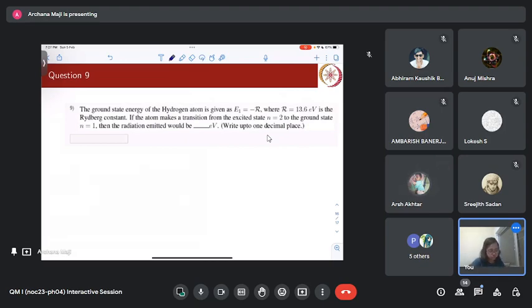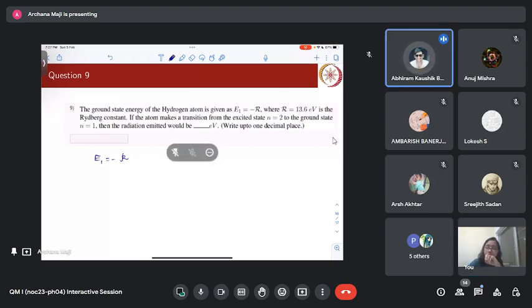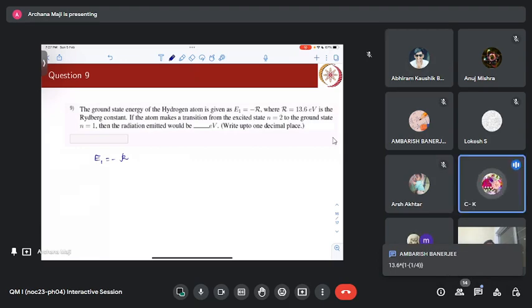I'm not sure. Okay, so E1 is. Actually, ma'am, the radiation emitted in terms of energy, if you reduce the ground state and first excited state, it gives the. 10.2, madam? Yeah, 10.2. Yes.